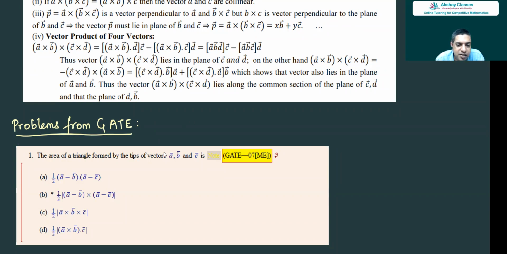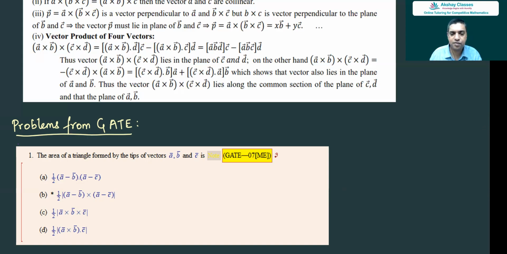What do you mean by the tips of these vectors? Anyone? No one is answering. You can put it in the chat.